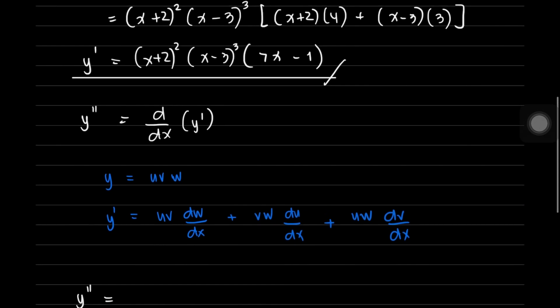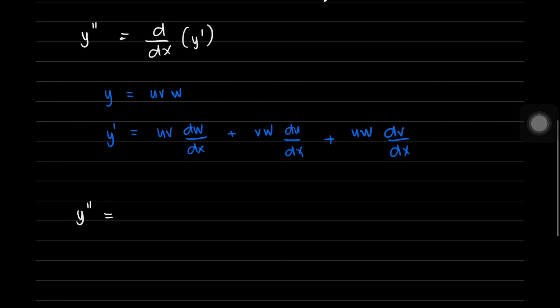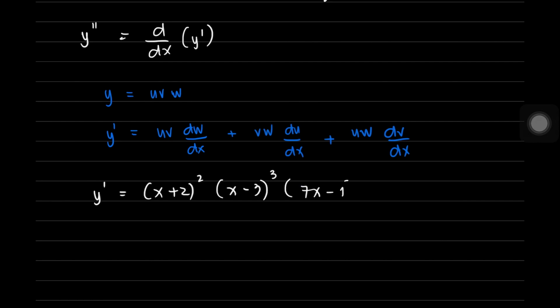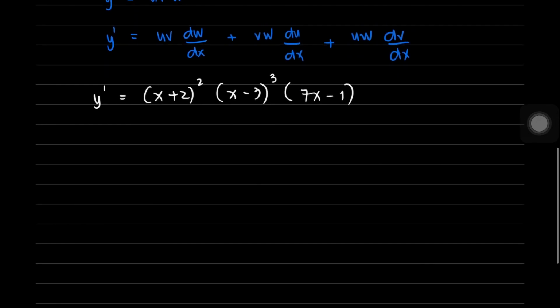So let me just rewrite y prime here so that we will not go over it by and by. That is now (x + 2)^2 (x − 3)^3 (7x − 1). Right? So this is u, this is v, and this is w.